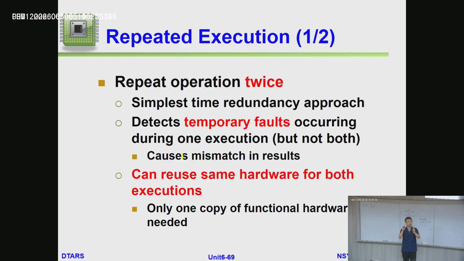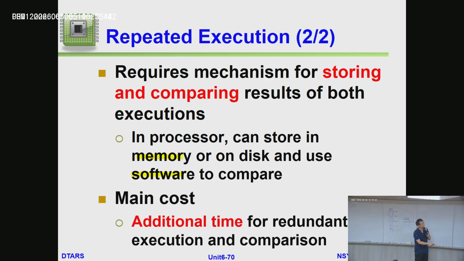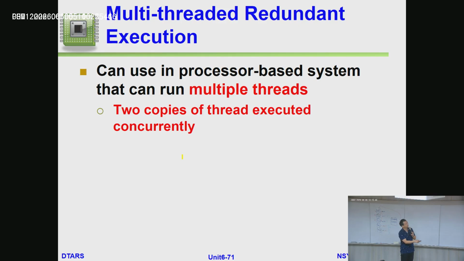These two threads can be executed at the same time. You can use this way to reduce the additional time you need. So if you are familiar with this, you can use this solution to minimize the time cost you need to pay for this redundant execution.